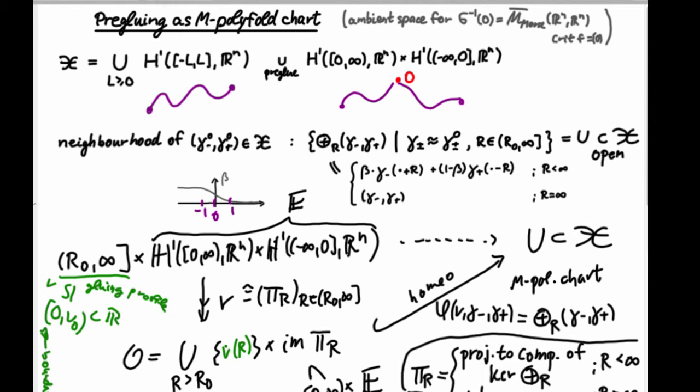So there's essentially one way of producing an M-polyfold. You could probably come up with different ways that are not necessarily equivalent. So the specific choice of pregluing is going to be part of the structure somewhat.